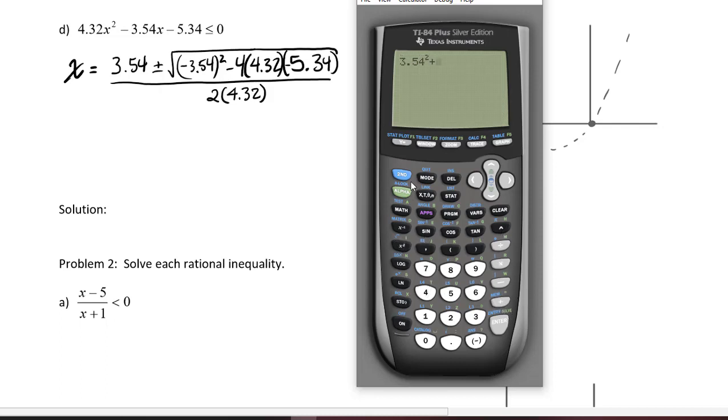Since I have a negative on the second part of the discriminant, it will become a positive, and then I just multiply 4 times 4.32 times 5.34. And then I'm going to take the square root of that to get 10.2375.